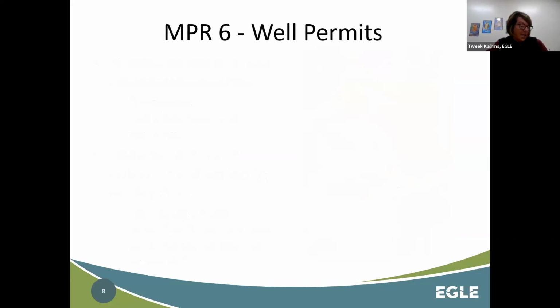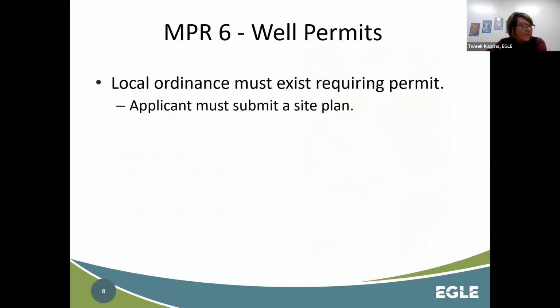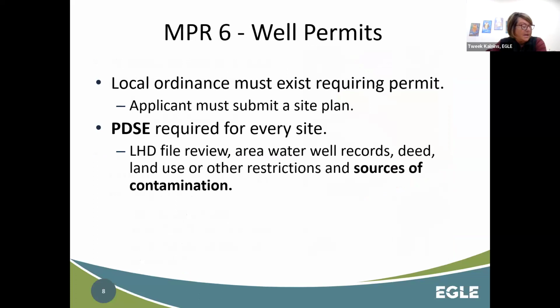MPR 6 is loaded with lots of things because it addresses well permits and final inspection. So within this MPR, you must have a local ordinance that requires a well permit. Within that, the applicant must submit a site plan. The health department must do a pre-drilling site evaluation for every site.